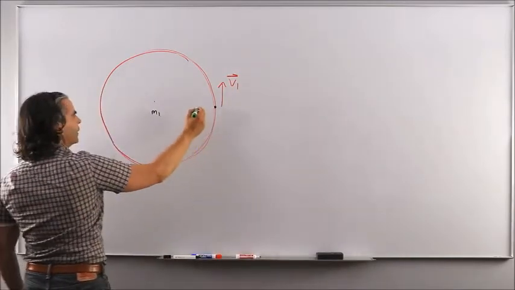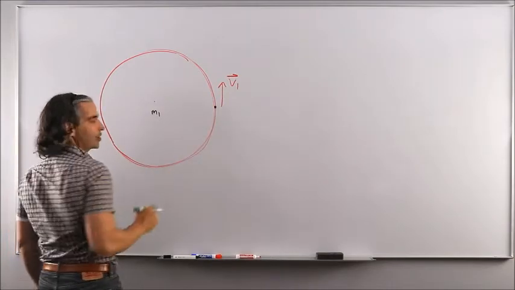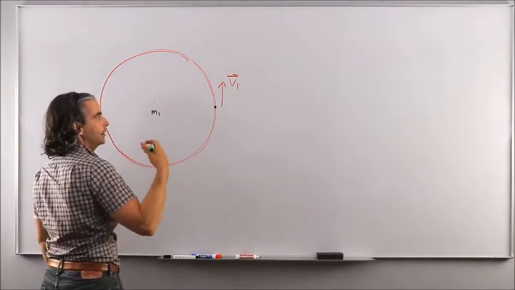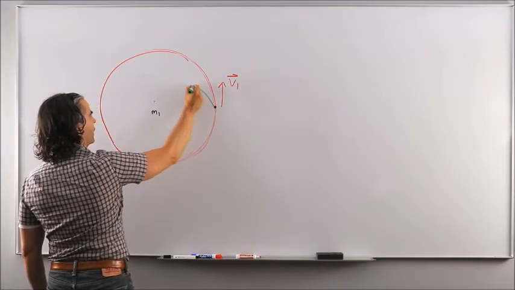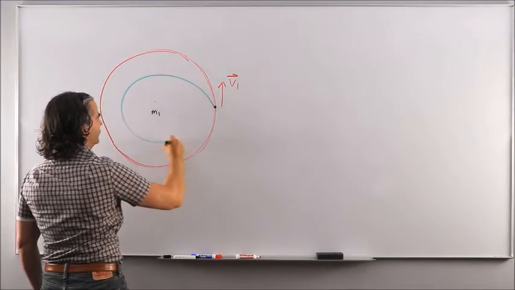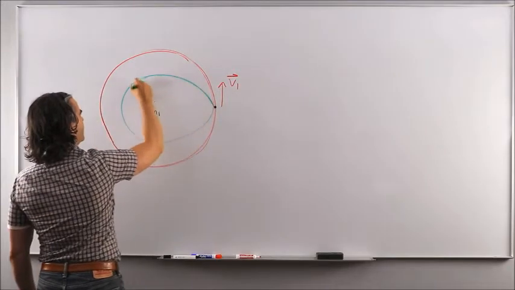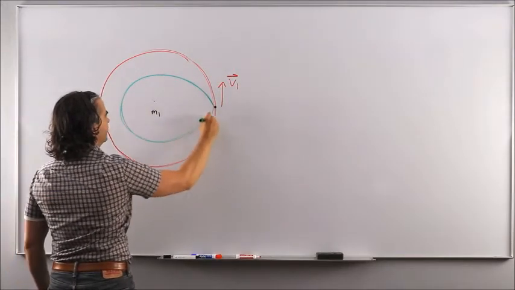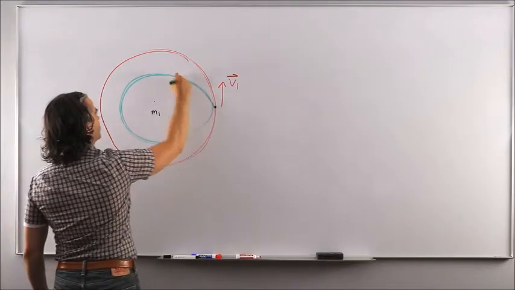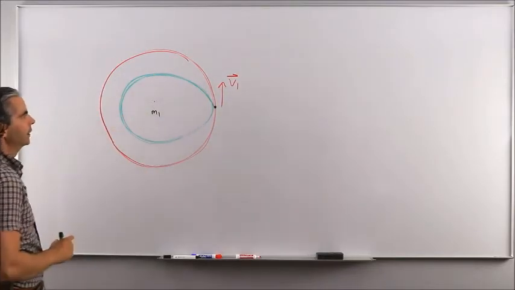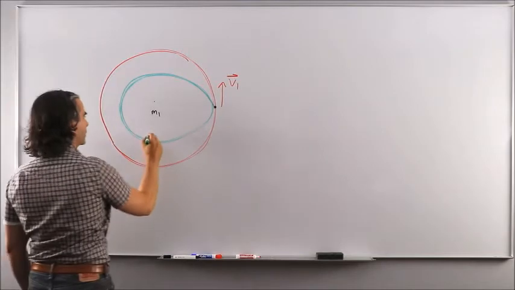but then you apply a maneuver in the opposite direction, which slows you down and decreases your orbital energy, and therefore you will end up in this kind of elliptical orbit with a lower amount of energy than what you had along the initial circular orbit.